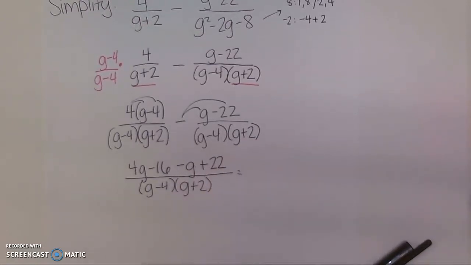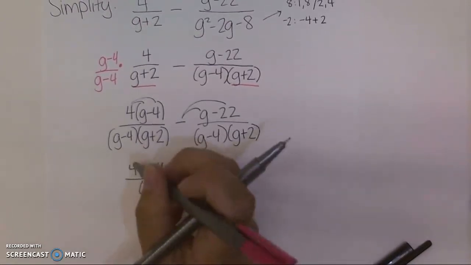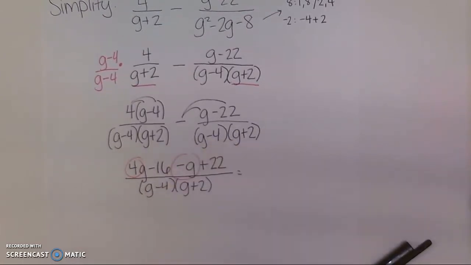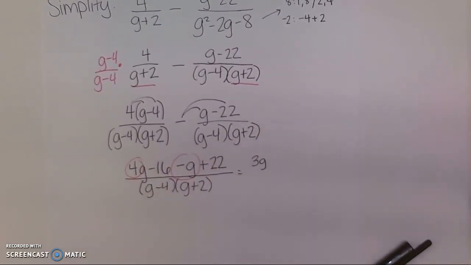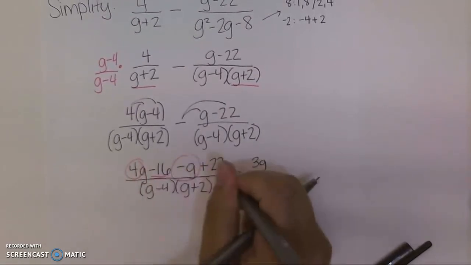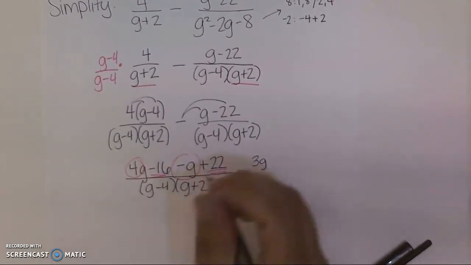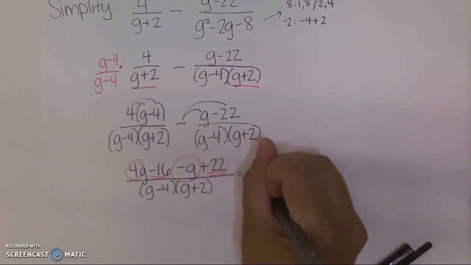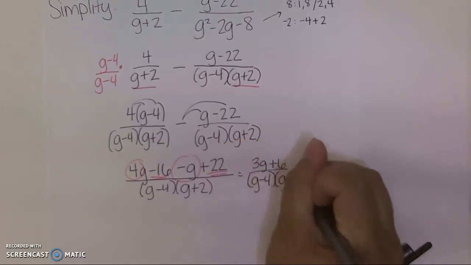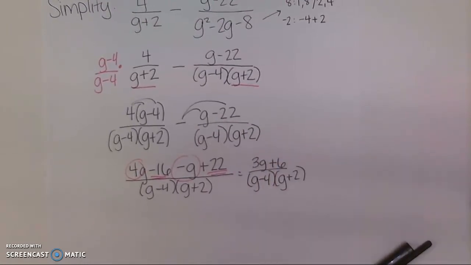Let's combine some like terms here. We've got 4g minus g, which is 3g, and negative 16 plus 22, which is positive 6. That's over our denominator, g minus 4, g plus 2.